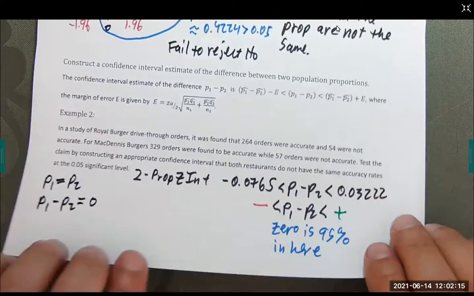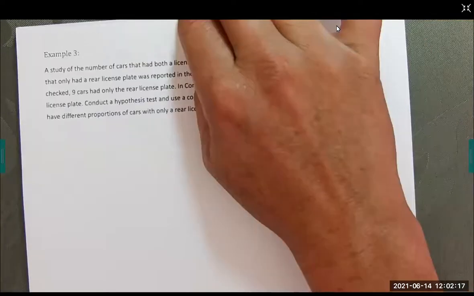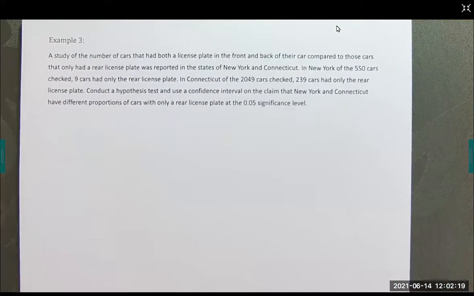All right. Example 3. A study of the number of cars that had both a license plate in the front and back of their car compared to those cars that only had a rear license plate was reported in the states of New York and Connecticut. In New York, of the 550 cars checked, 9 cars only had a rear license plate. In Connecticut, of the 2,049 cars checked, 239 cars had only the rear license plate.